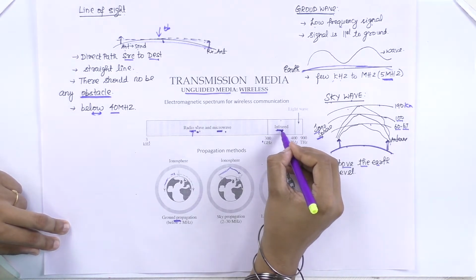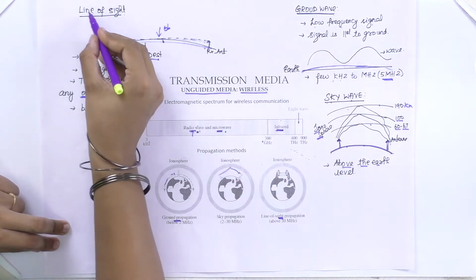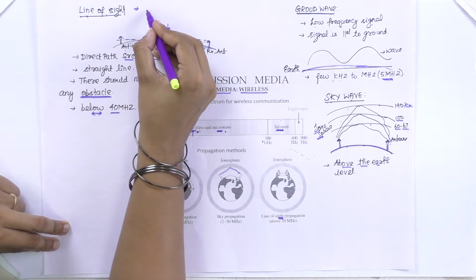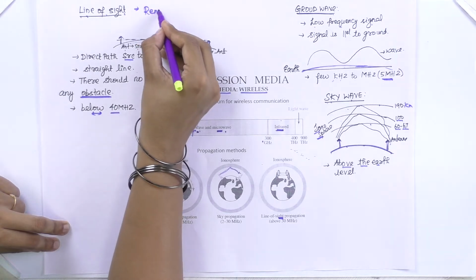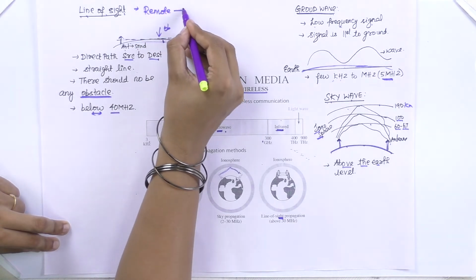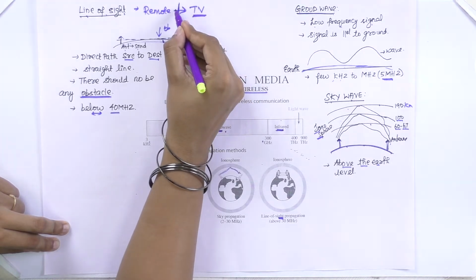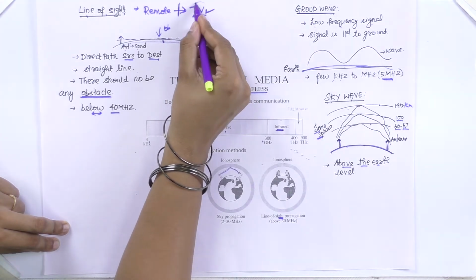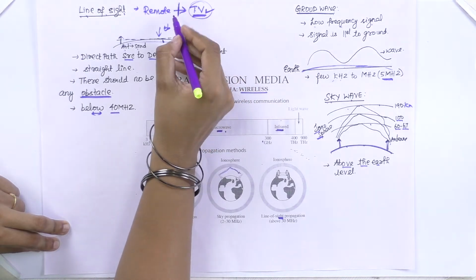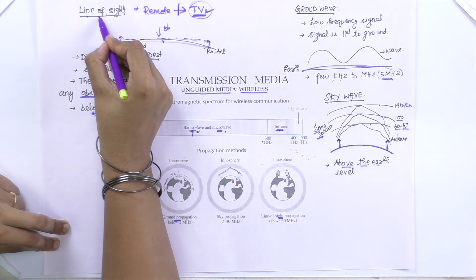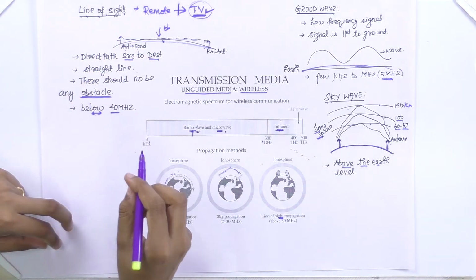When you take the infrared rays, that is your line of sight. You can take, for example, your TV remote directly with the TV. If there are any obstacles here, it doesn't change anything in the TV. Yes, right. So this is an example for your infrared waves. So this is all about your transmission medium used in a network.